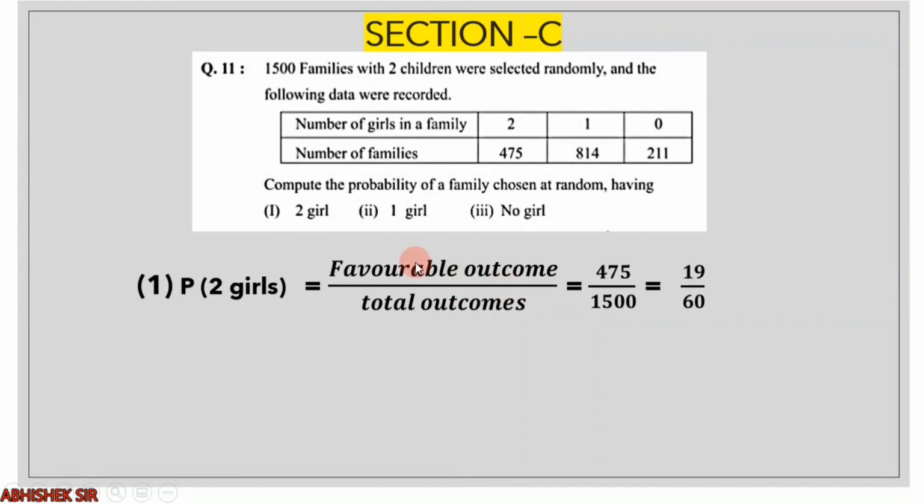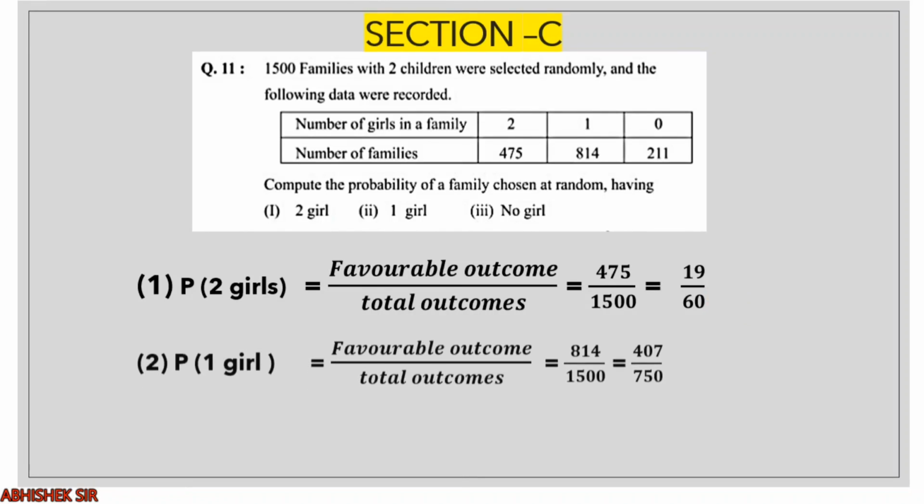Now the formula will be same. Suppose the probability of having two girls will be favorable outcome upon total outcome. What is the favorable outcome? Out of 1500 we have 475 families. So 475 upon 1500, if you cancel it, you will get 19 upon 60 as your answer. Same way, we will go for the second one.